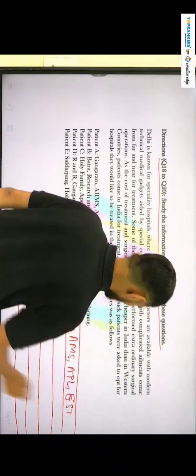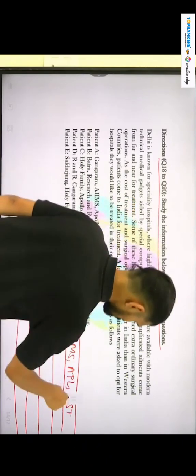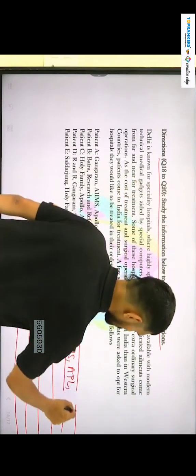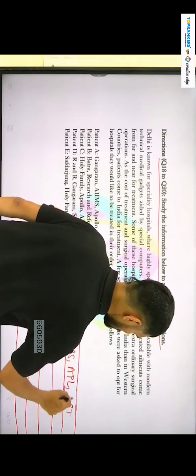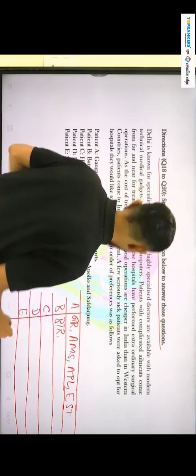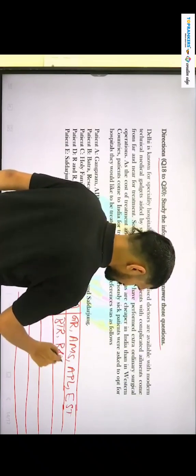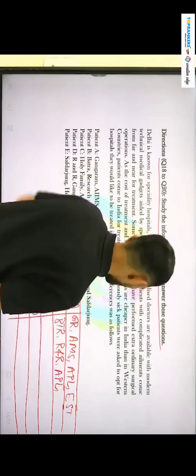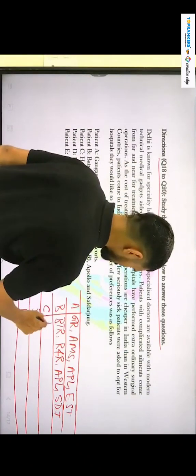This is Escorts, the EST. B prefers Batra, BTR, R&R, Apollo, and Safdarjung, SDJ.